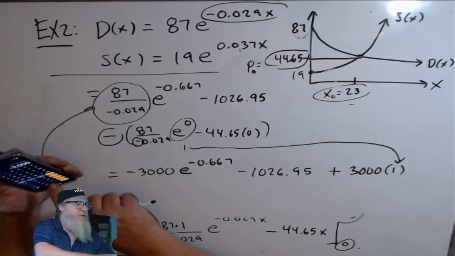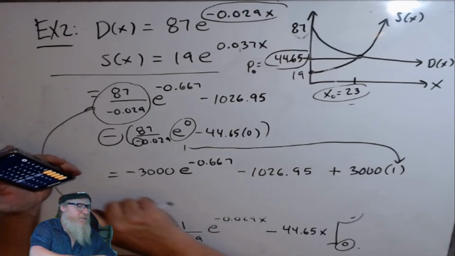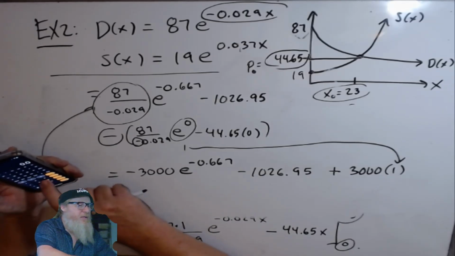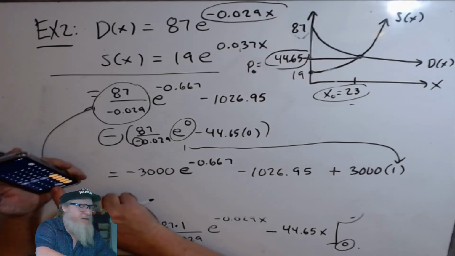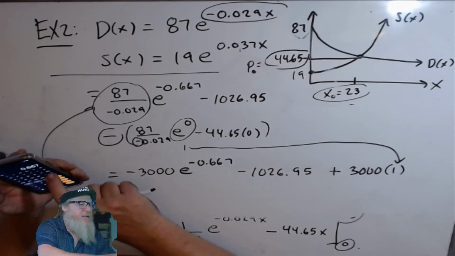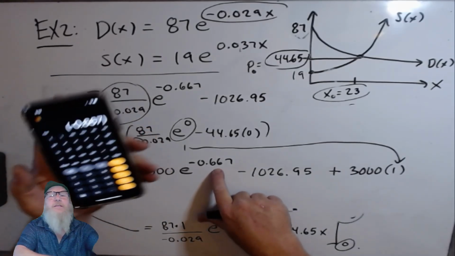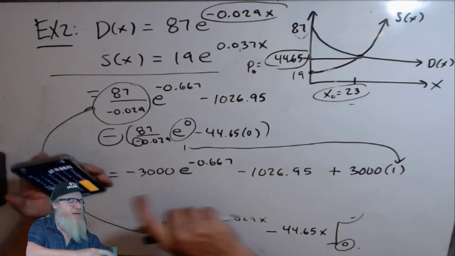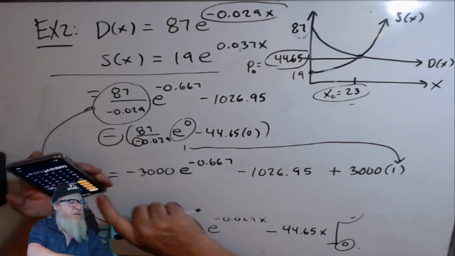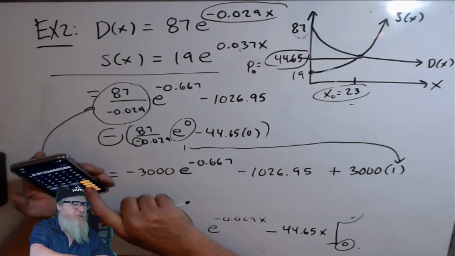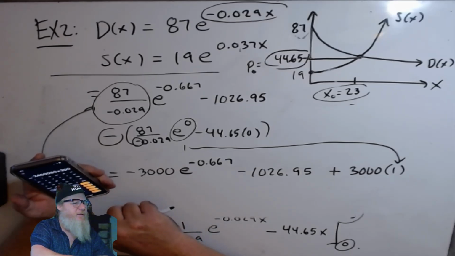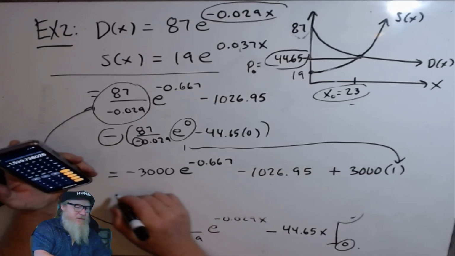All right, so here we go. 0.667, e to that power. So negative 0.667, e to that power. And then times 3,000.